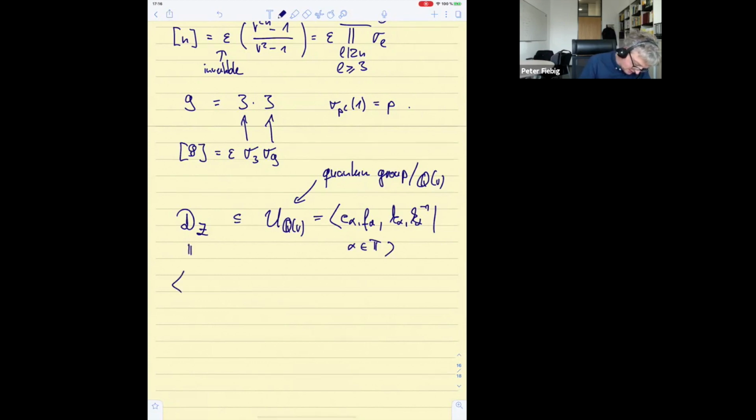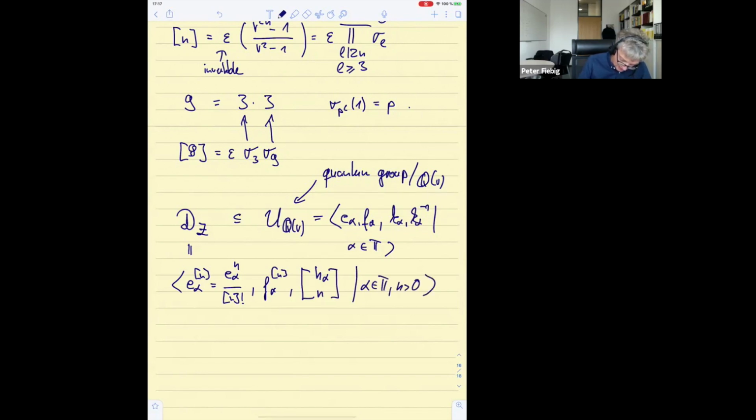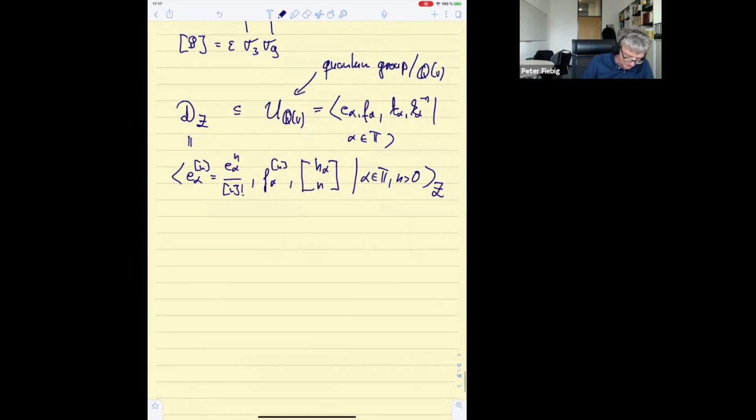So this is generated over Z again by these divided powers. And then you have the curly bracket binomial coefficient that you can also define. Alpha is in pi and is bigger than 0. And this is defined over Z. This is Lusztig's integral form of the quantum group.